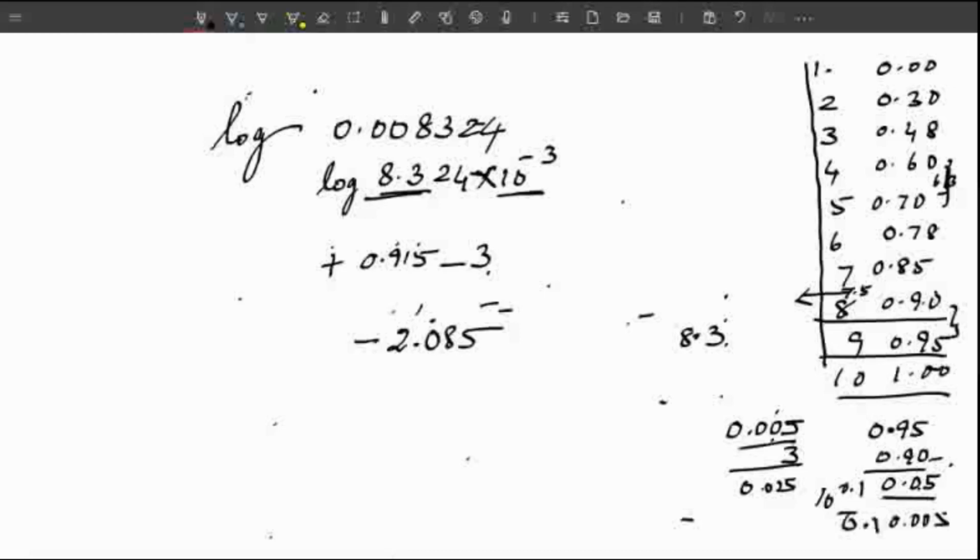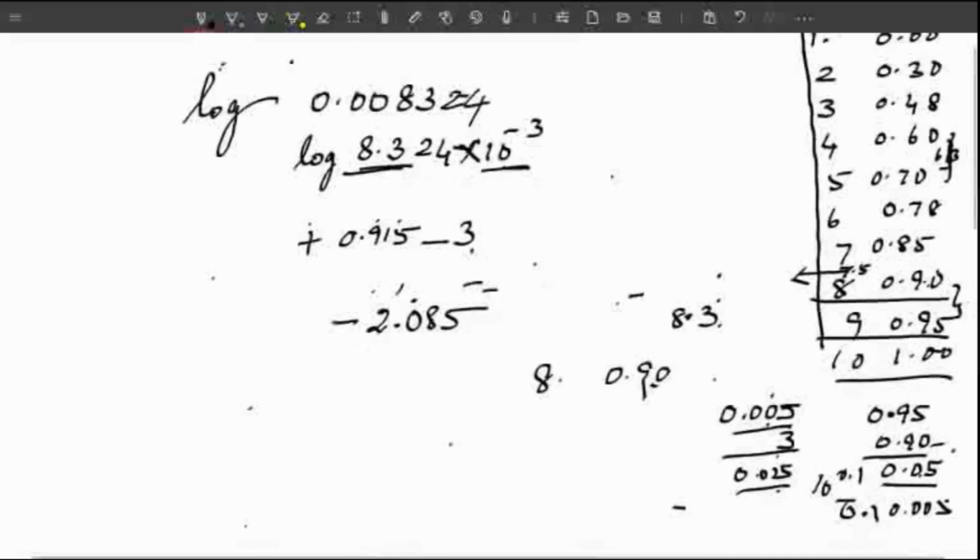And now the difference is 0.3 decimal. For 0.3 decimal, I multiply 3 into 0.005, it is 0.015. I have to add 0.015 with 8 because 8 has 0.90, and the 0.3 we have calculated is 0.015.